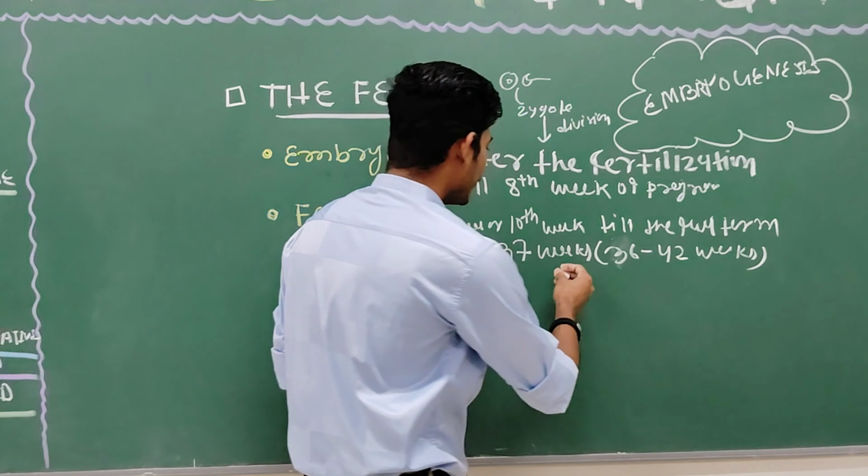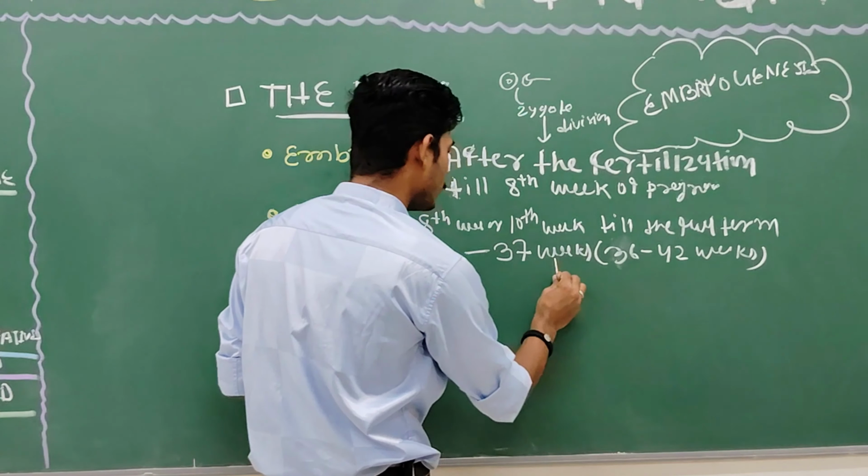Now, this 37 weeks is also described in terms of trimesters. The pregnancy is divided into three trimesters, and one trimester means 3 months: first trimester, second trimester, and third trimester.